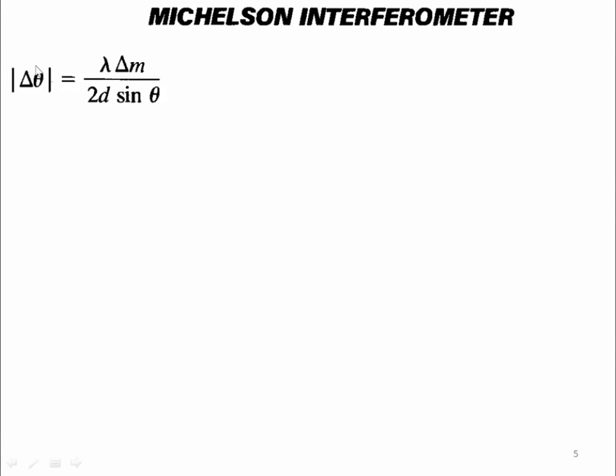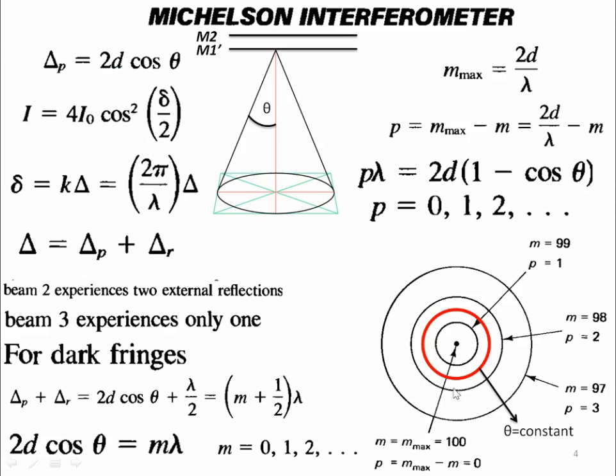If I fix d, and our mirrors are placed at a specific separation, we are not playing with this. In that case, delta theta is proportional to delta m. Meaning if we are going along this axis, I'm not changing the position of the mirror.